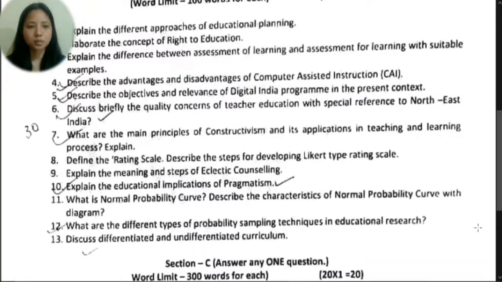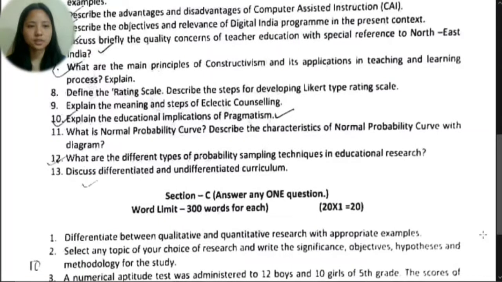The 11th question is, what is normal probability curve? Describe the characteristics of normal probability curve with diagram. The 12th question is, what are the different types of probability sampling techniques in educational research? And the 13th question is, discuss differentiated and undifferentiated curriculum.